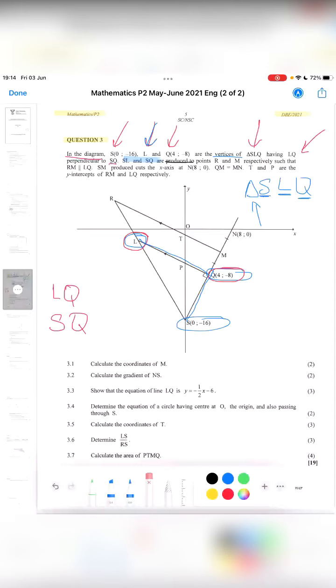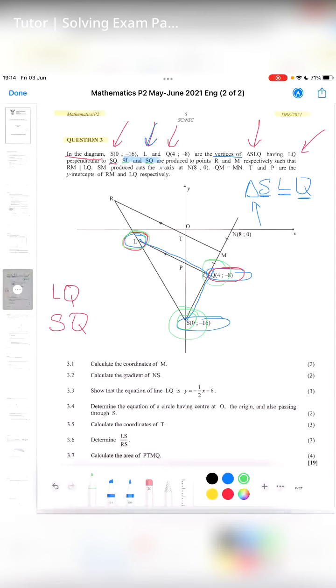So let's see. Where are we? Okay, so I was explaining that word produced, but I think I've explained enough there. So they are saying it's SL and SQ. Let's see where those are. There's S and then L. Okay, and again S and what else?